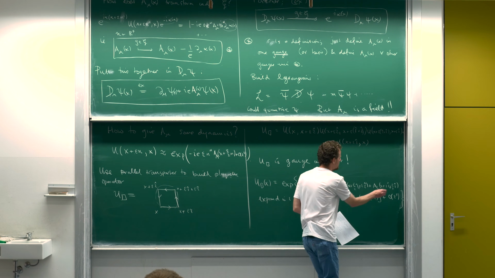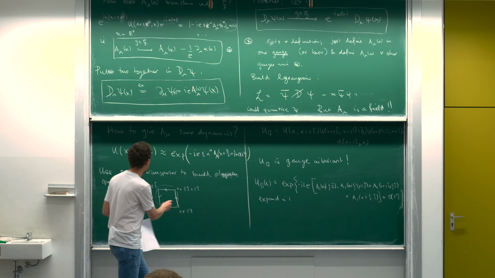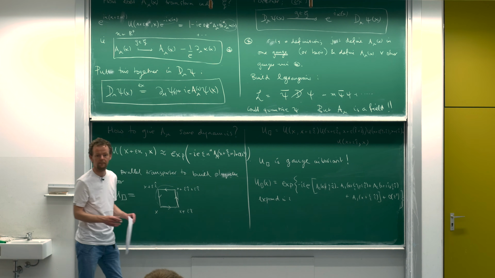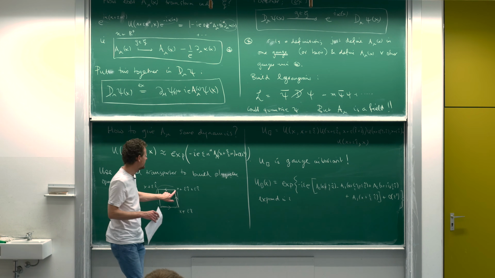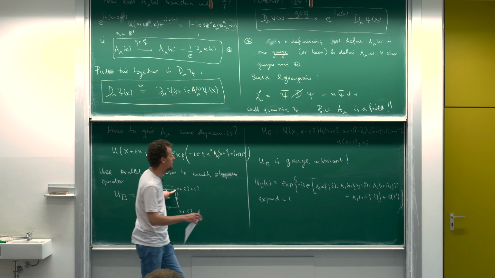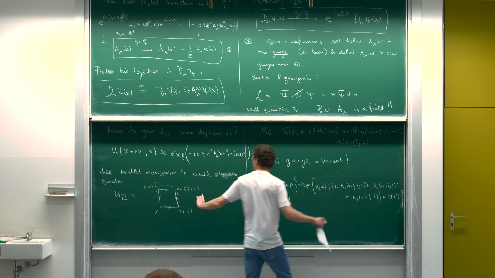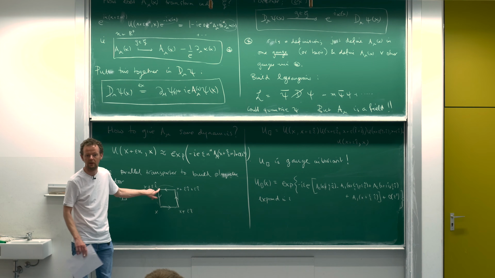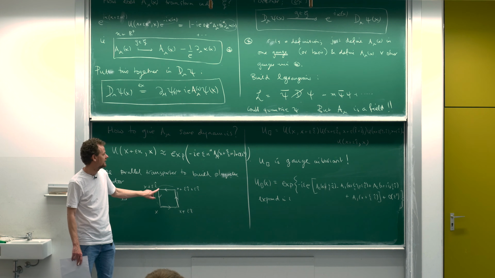So these two here are just the standard parallel transports across here and here. And then this next A1 here, this term here is corresponding to this parallel transport there. So that's why there's a minus in front of it. And this A2 is the parallel transporter going from here to here.